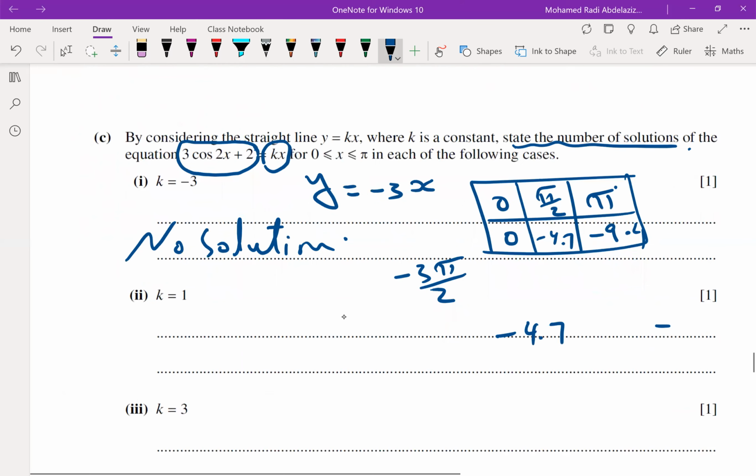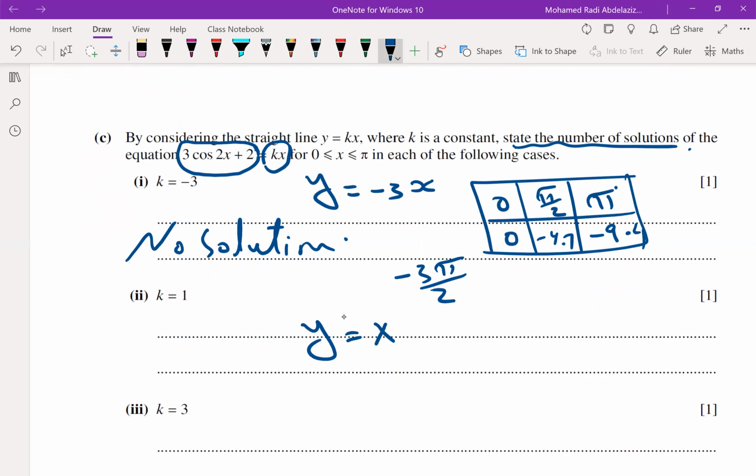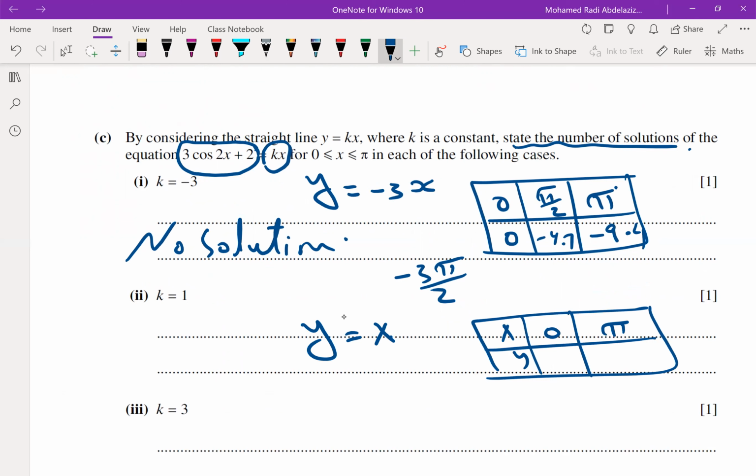The next one, where k is equal to 1. We'll try to sketch the line y is equal to x. By the same way, we need at least 2 points, x and y. If we substitute by 0 and pi, or pi over 2. Substitute by 0, you will get 0. Substitute by pi over 2, you will get pi over 2.